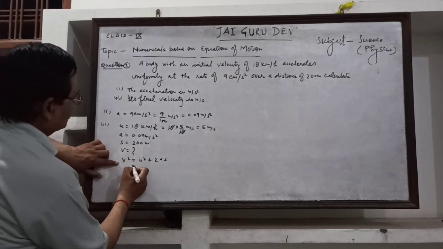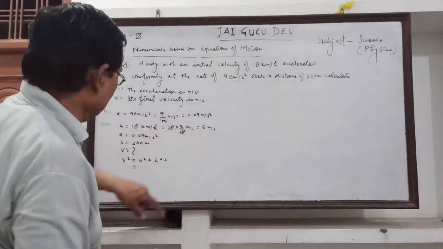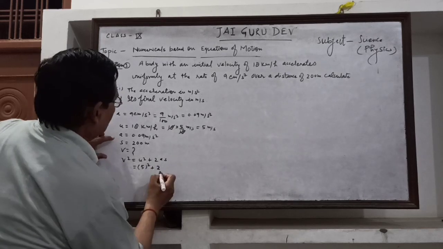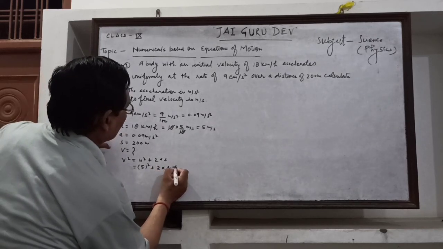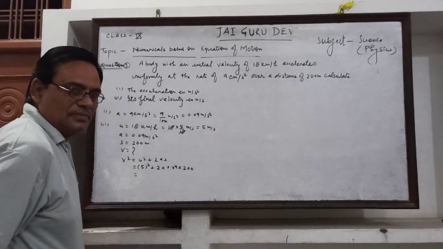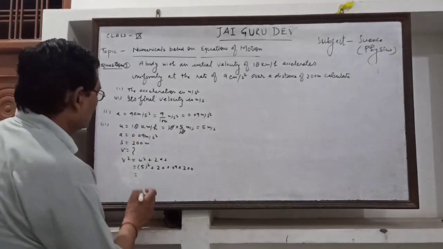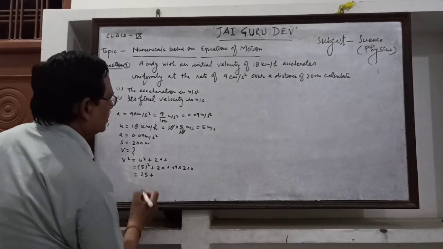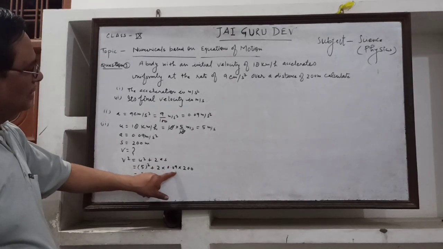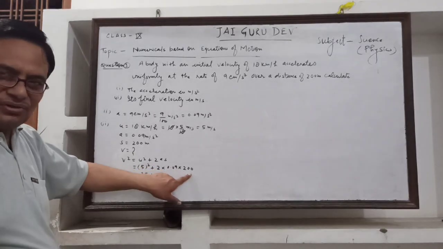We write here v square is equal to u square plus 2as. Okay. Put the given values. u is 5 meter per second, 5 whole square, plus 2a, 0.09, s is 200 meter. Very simple. 5 square means 25. Now you will multiply 2 nines are 18, 18 twos are 36, and 2 zeros also.